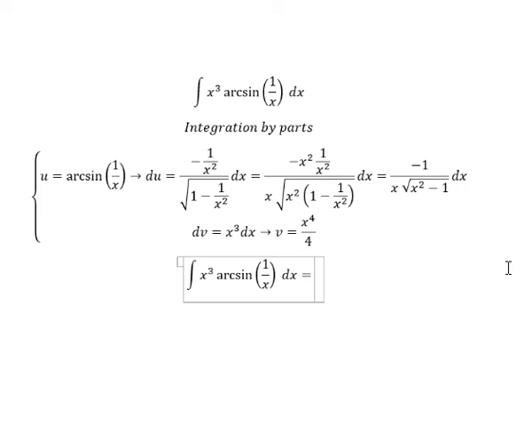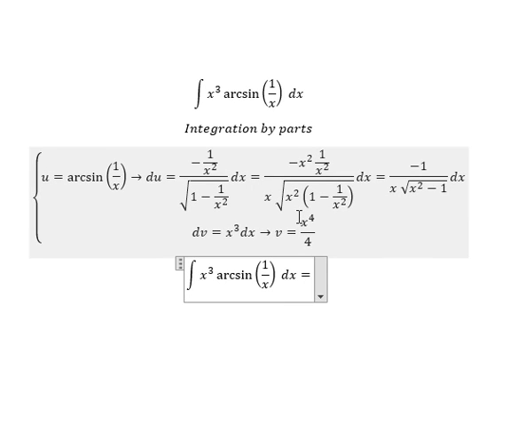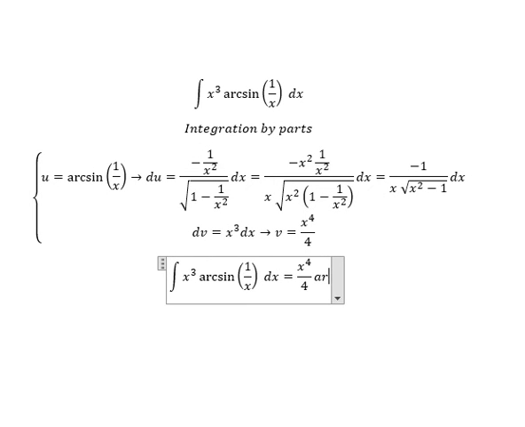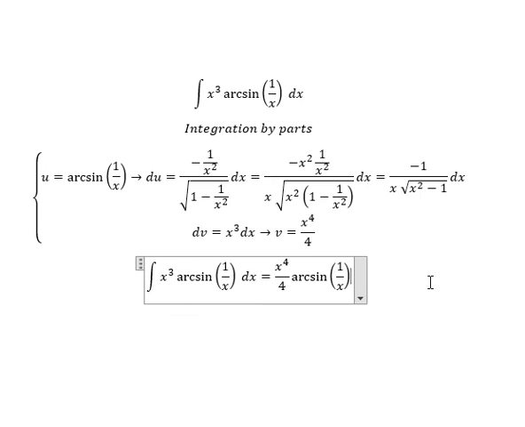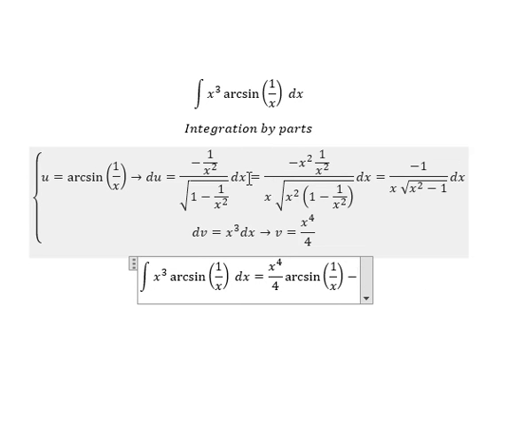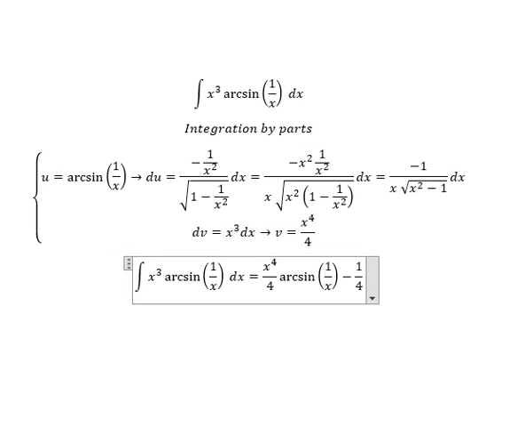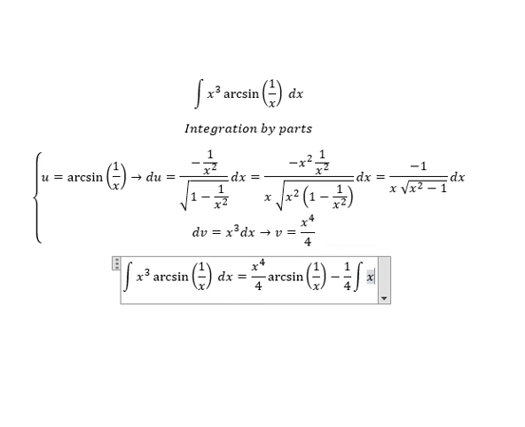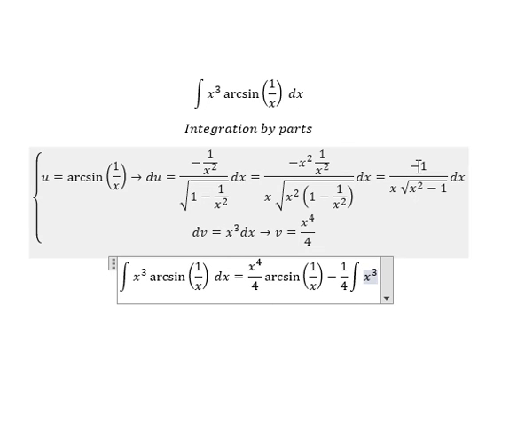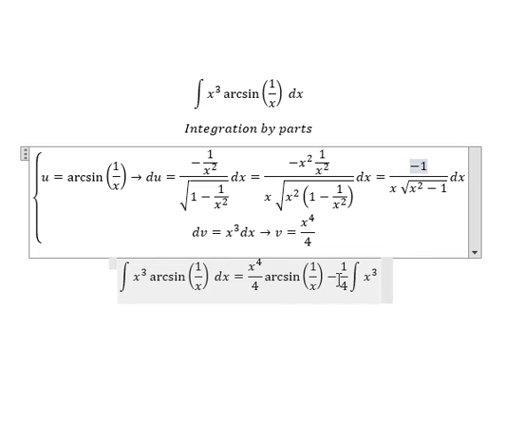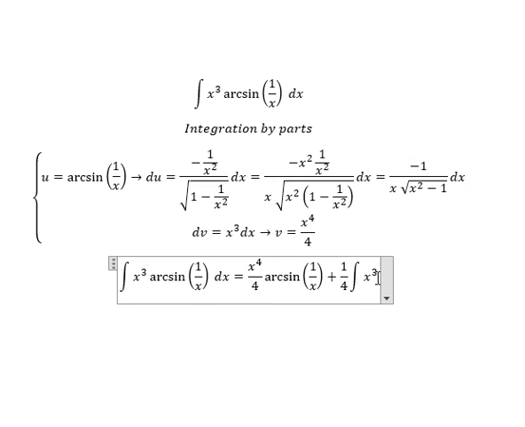So we have u multiplied by v, minus the integral of v multiplied by du, so s to the power of 4 divided by s, and I will put 1 over 4 outside. Because we have negative and negative, we have positive.